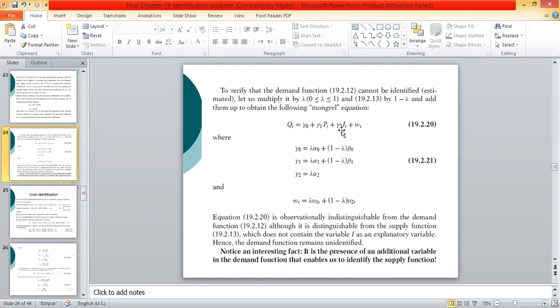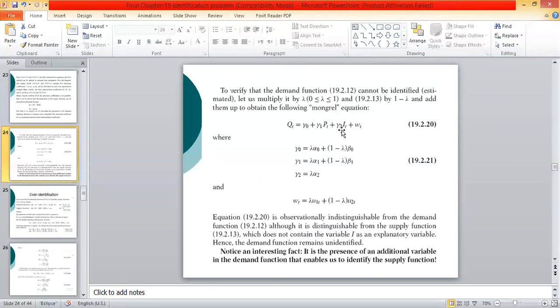While using the bogus equation to examine the identification problem, we have to take care of one point.